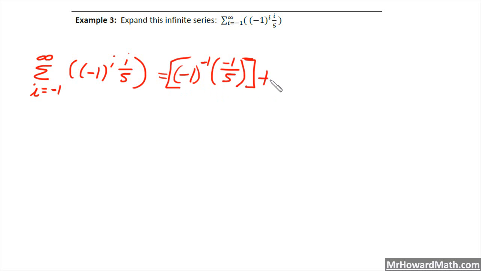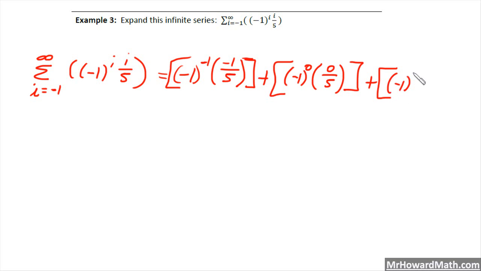And then we're going to add, and that would be -1 to the, after -1 comes 0, and that would be 0 over 5, and then plus next would be -1 to the first power, and 1 over 5 here.